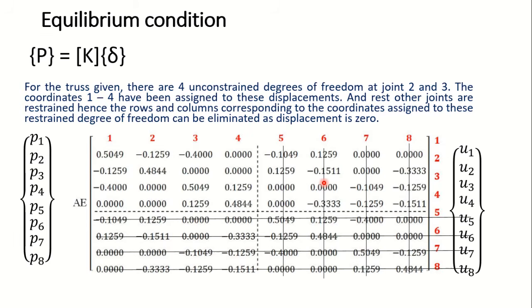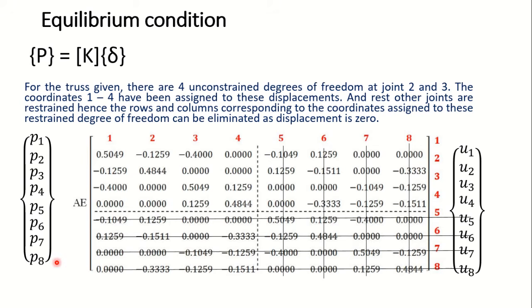So evidently I don't require the rows and columns corresponding to the coordinates 5, 6, 7 and 8. In this stiffness matrix I can eliminate these 4 rows as well as the 4 columns, because we know what the condition is at these joints. That is 0, so we don't require them.